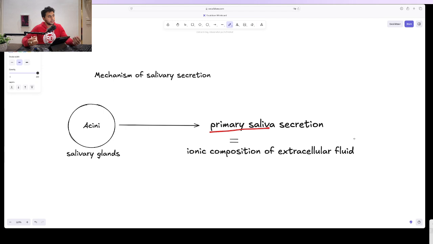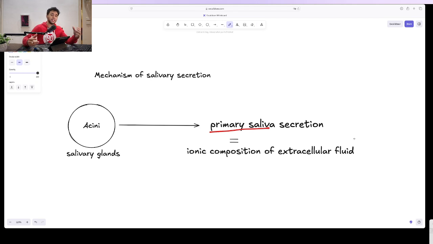Our body cannot just produce primary saliva and secrete it, because as I said, it has a lot of sodium, a lot of chloride, and low bicarbonate. And we produce 1,500 milliliters of saliva every day. That means it will contain a lot of sodium, and sodium is very valuable for our body.